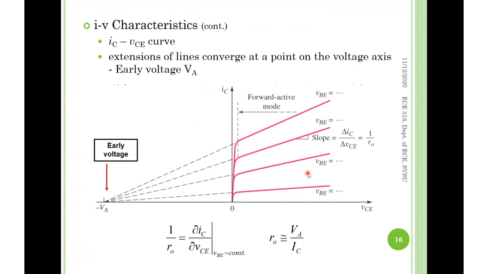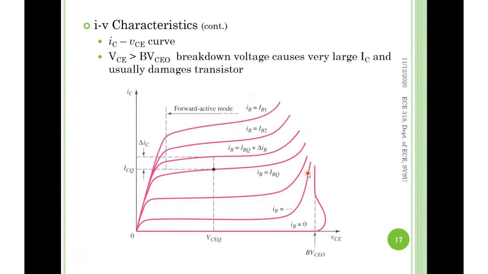Once again, this part is the same as MOSFET. And here, this is also a similar phenomenon. If you apply a forward-biased voltage VCE too high, what's going to happen? The IV curve boosts up, right? What happened? What do we call this?